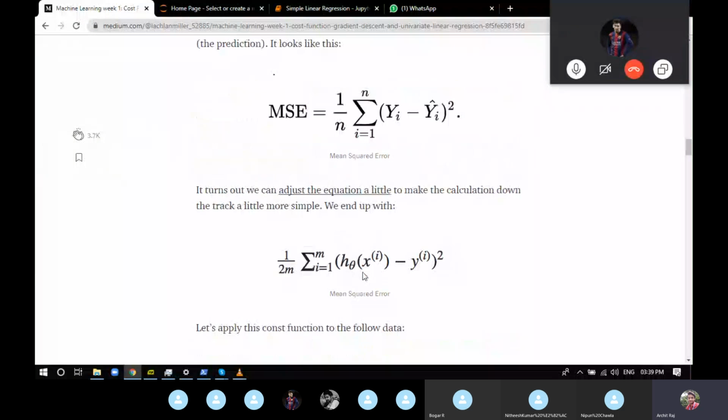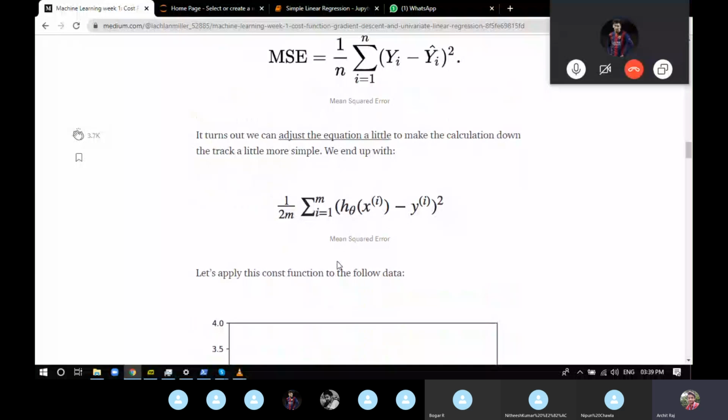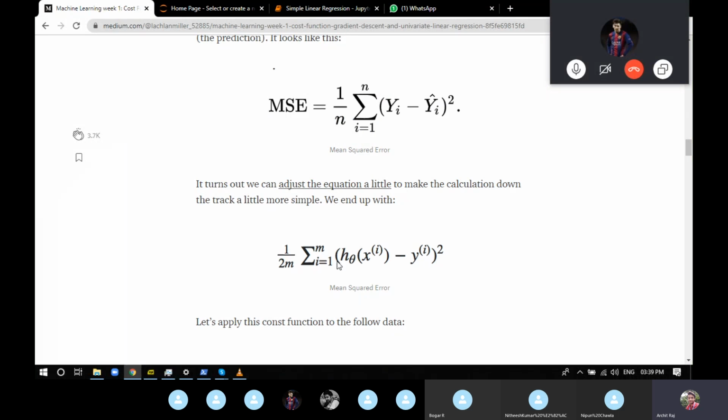Simple. Now we adjust the equation to tone it down a bit. The mean squared error can range anywhere from 0 to infinity. You can get any kind of number in mean squared error. So we have to tone it down a bit, because we are already working with so much data, so wherever we can, we reduce the number.